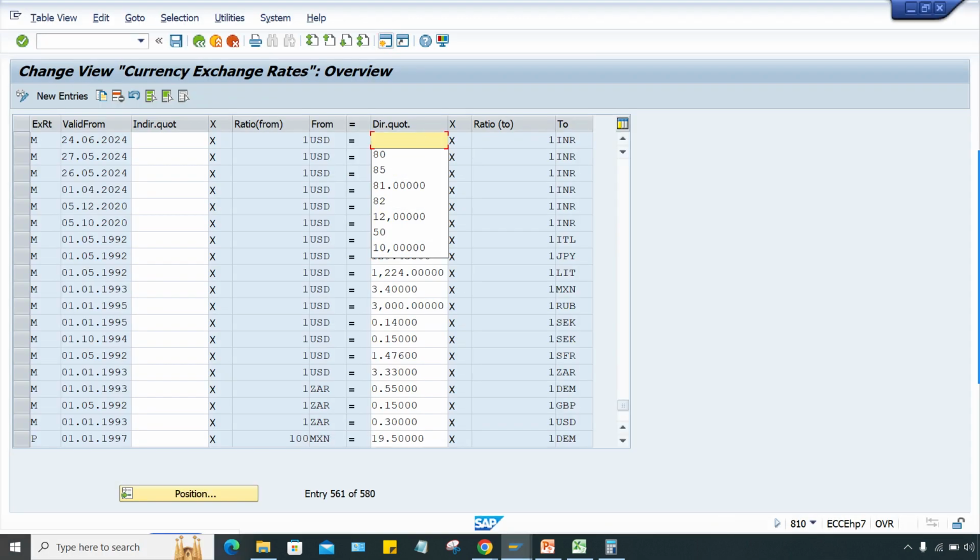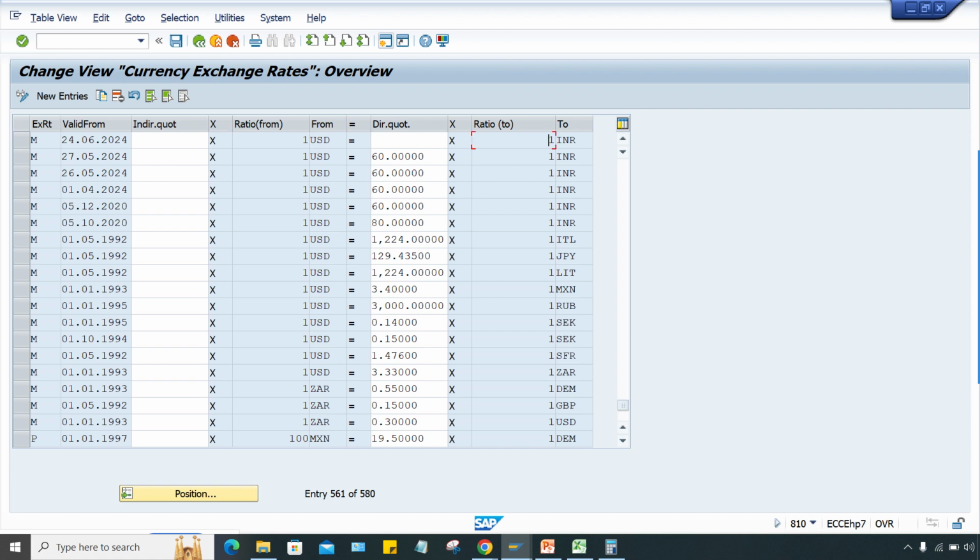If I maintain indirect quotation, look here, one US dollar and here one Indian rupee. Generally this is a ratio of 1:1.